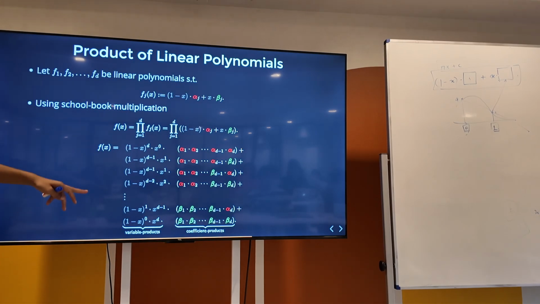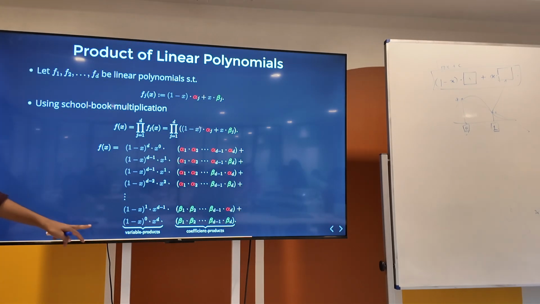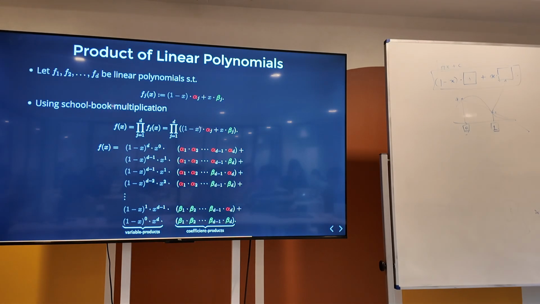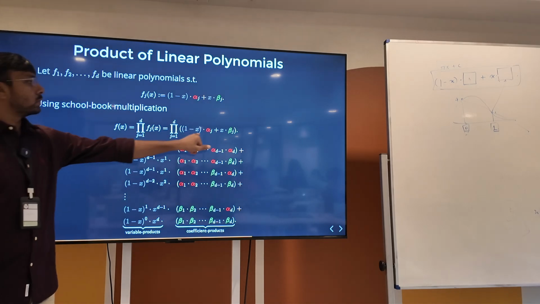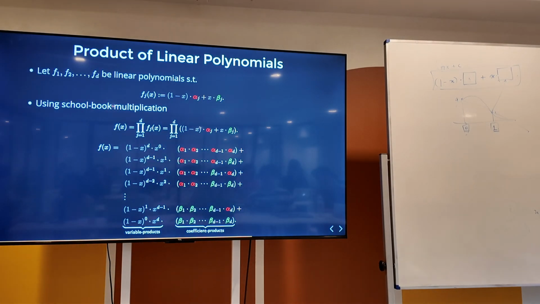So you'll have 2 to the power d terms here. These coefficient products and variable products, you can do with the naive method. This is one linear polynomial and you're multiplying d of such linear polynomials. You can just expand it entirely.